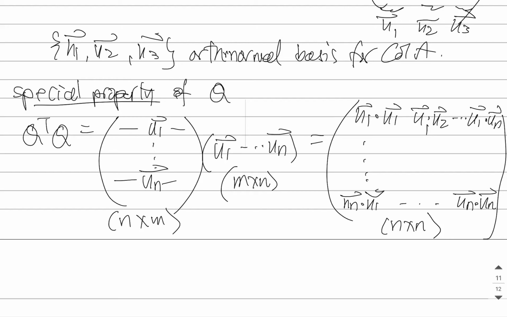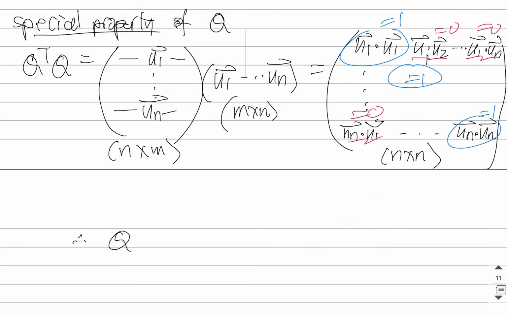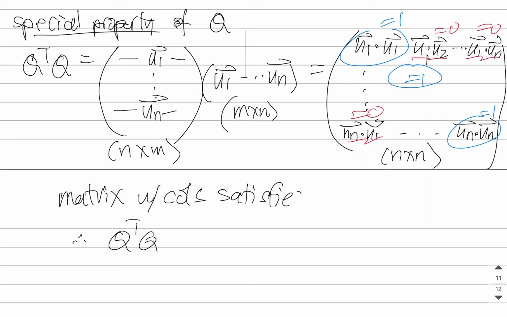Because this is an orthonormal basis, each one of these diagonal entries will be 1. Because this is an orthonormal basis, each one of these off-diagonal entries will be 0. So there's this special property of a matrix with orthonormal columns. It has to satisfy this property, that it equals the identity.